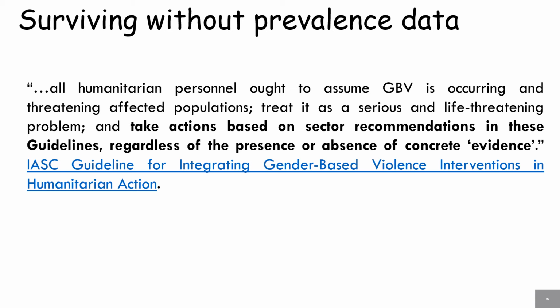There's an agreement in the humanitarian community, written in the 2015 Interagency Standing Committee Guidelines on GBV, which states that all humanitarian personnel should assume GBV is occurring and threatening affected populations, treat it as a serious and life-threatening problem, and take action based on sector recommendations in the guidelines, regardless of the presence or absence of concrete evidence.